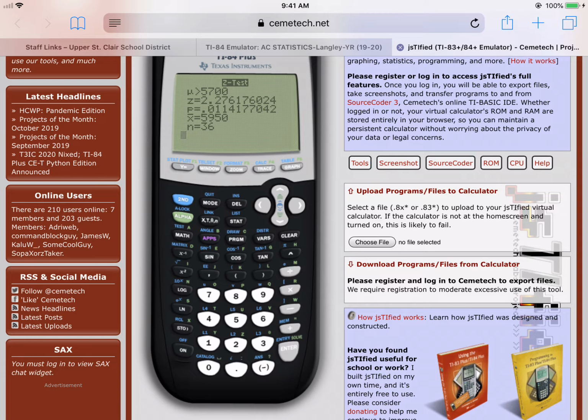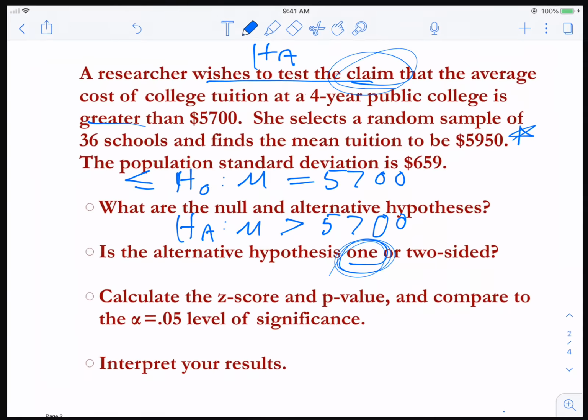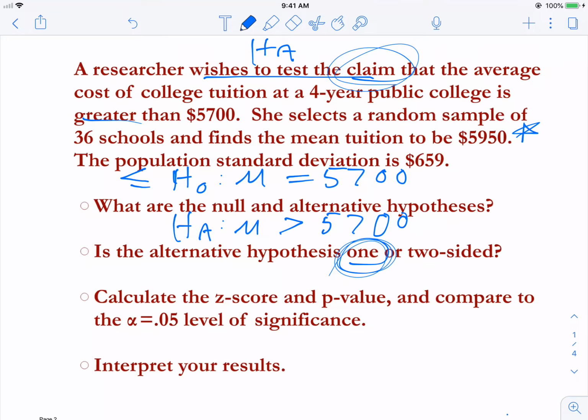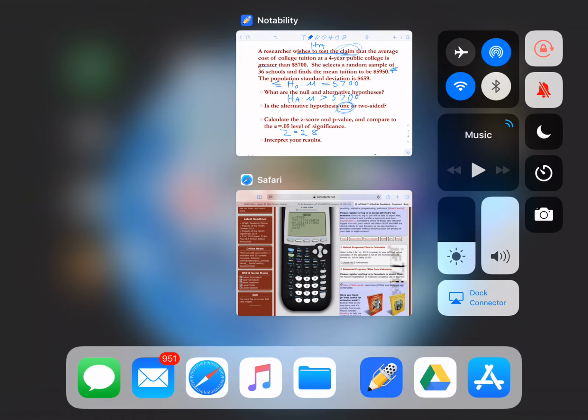And in this case, we have our values here, a z-score of 2.28 if we round that up, and a p-value of about 0.01. So we'll go back to our problem here. Z-score, we said that was about 2.28.